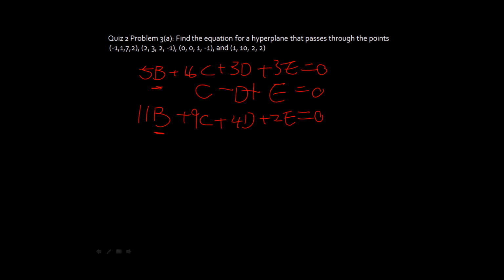If I multiply the first equation 11 times, I get 55b. And if I multiply the other by 5, I have 55b as well, so they can cancel each other out. So the next step is to take 11 copies of the first equation and subtract 5 copies of this equation. By doing so, I cancel out all the b's.